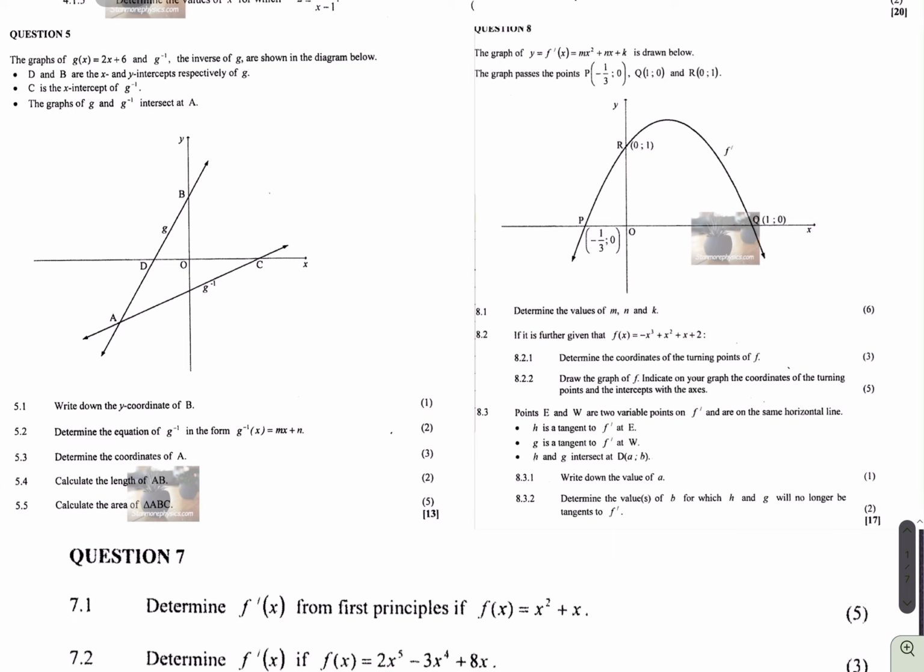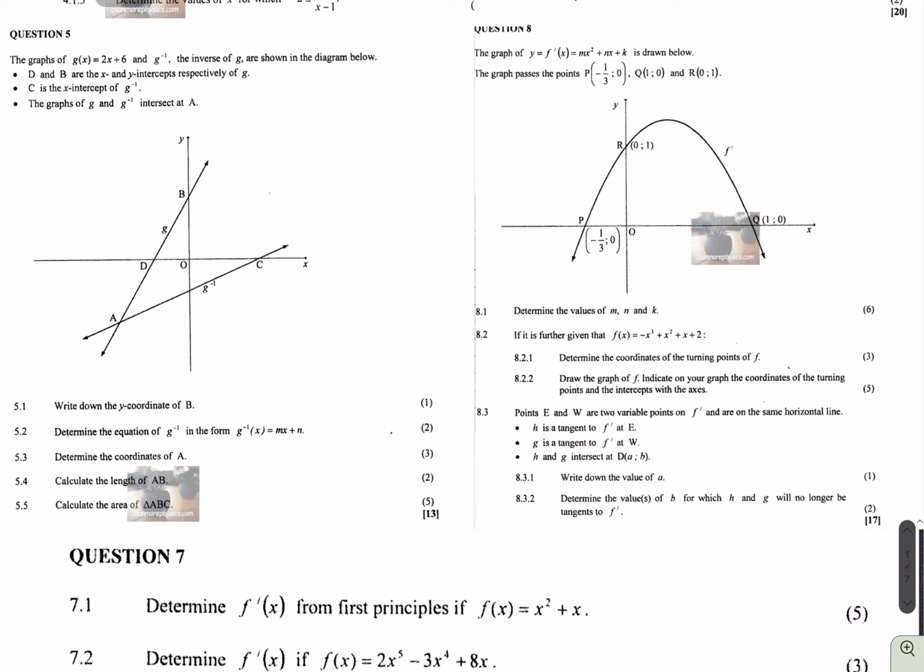D and B are the x- and the y-intercept respectively of g. Okay, it's a straight line, guys. We can't really struggle to do this. C is the x-intercept of g inverse, which is correct. The graphs of g and its inverse intersect at A. The first question, what are they saying? Write down the y-coordinate of B.